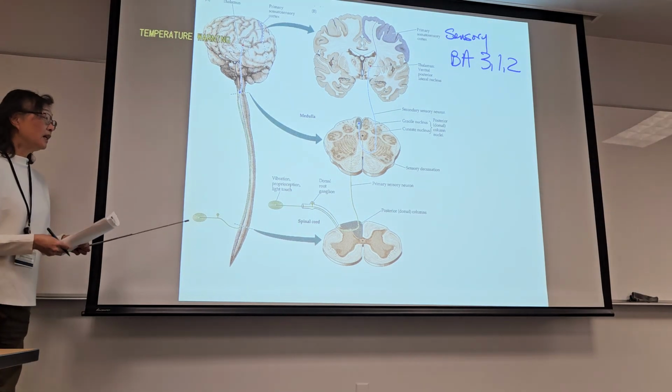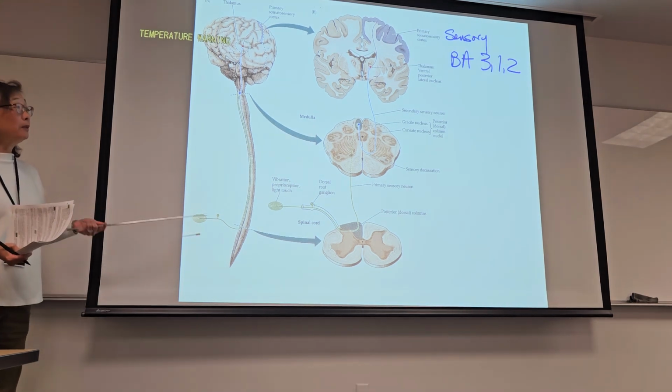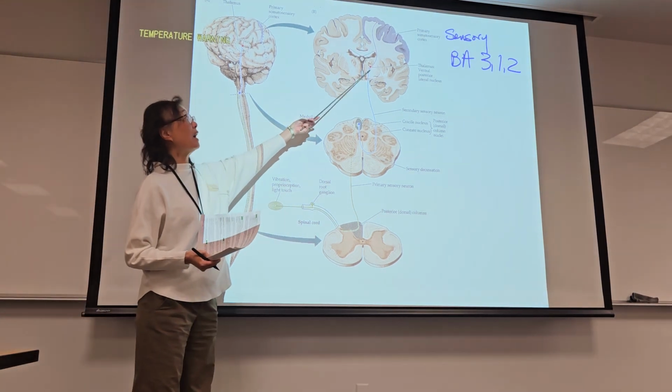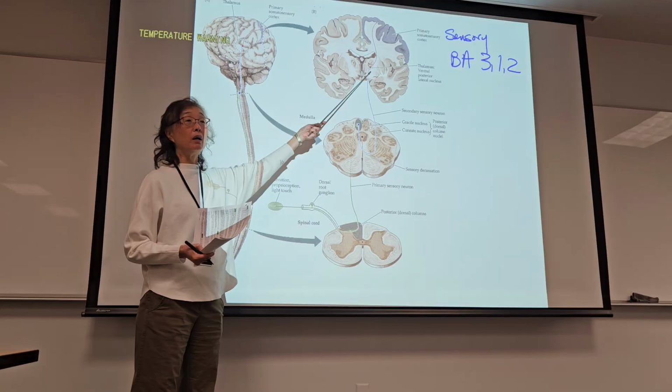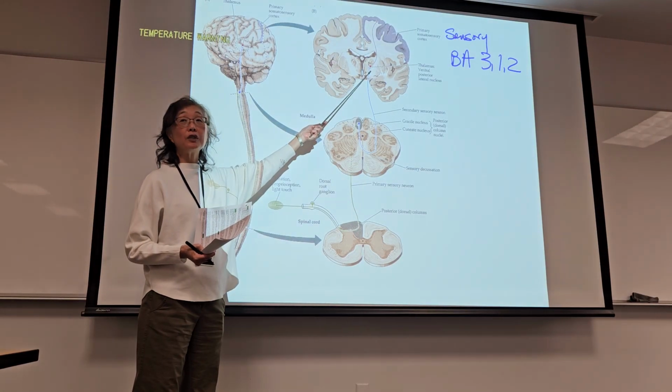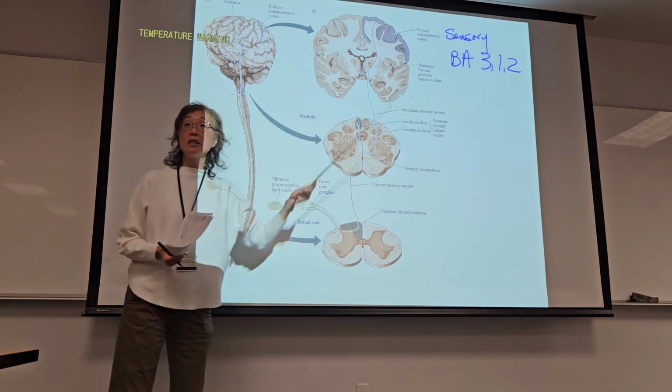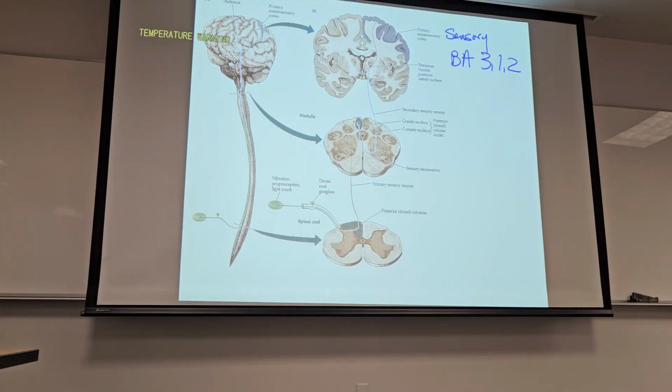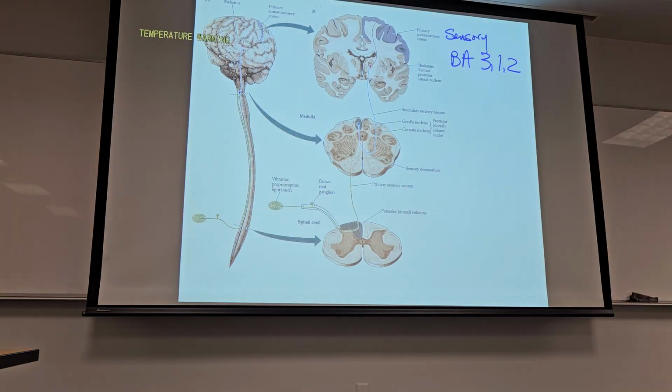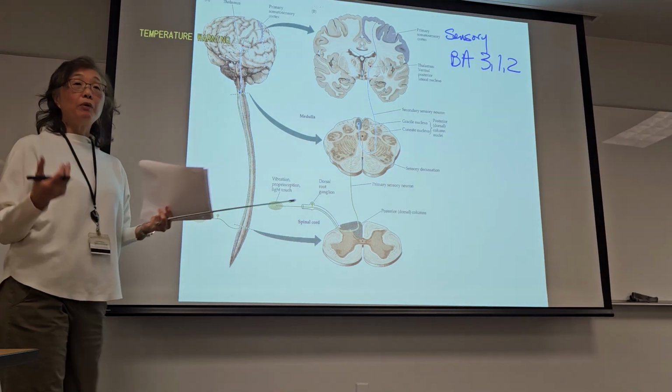So basically, it's that simple. The thalamus is an important way station for sensory information. Almost all sensory information has to go through the thalamus. Now, if I stimulate Brodmann's area 3, 1, 2, what would happen?